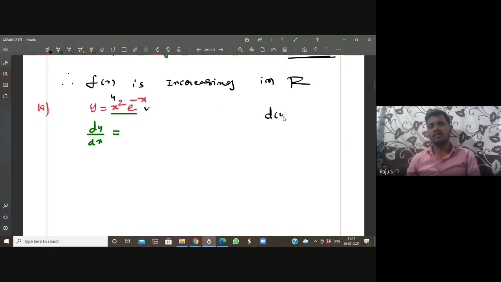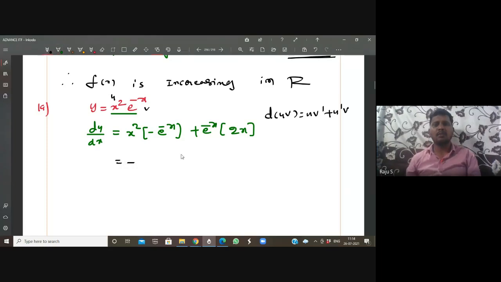Since we know that d of uv is equal to u v dash plus u dash v, with the help of this, the derivative of x square into e power minus x is x square into minus e power minus x, plus e power minus x into the derivative of x square, which is 2x. Simple. So I applied the uv rule. What is common here? We may take e power minus x common, then minus x square plus 2x.